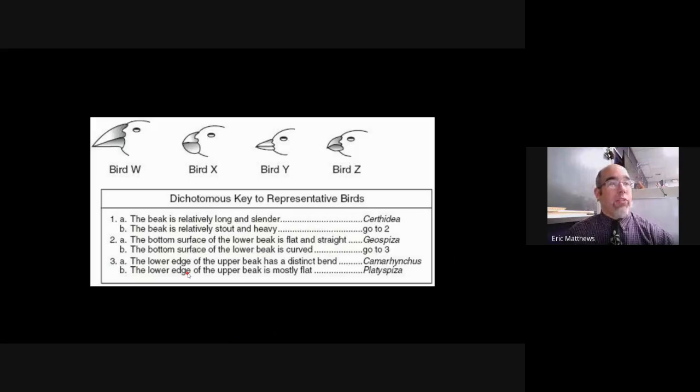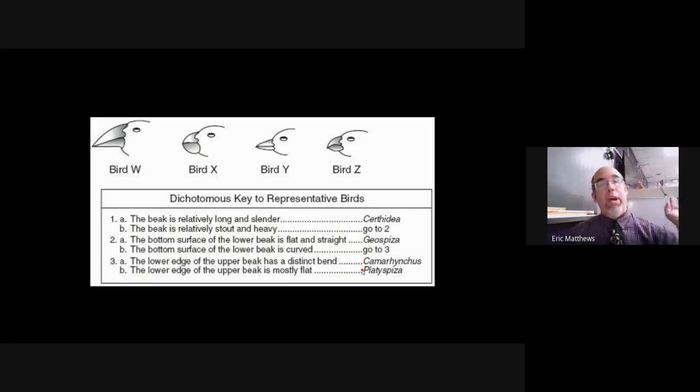The lower edge of the upper beak has a distinct bend, or the lower edge of the upper beak is mostly flat. So if we take a look, the lower edge of the upper beak, so this edge right here, is it distinctly bent or is it mostly flat? It is mostly flat, so we know that bird X is Platyspiza.